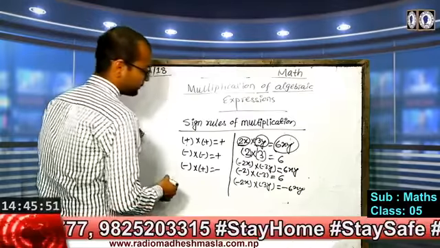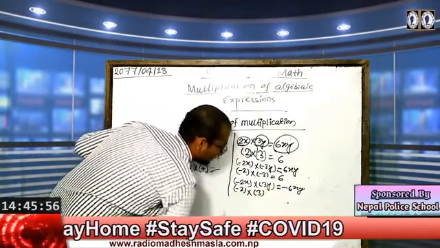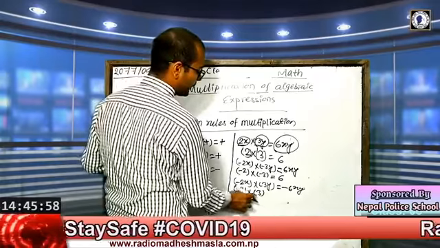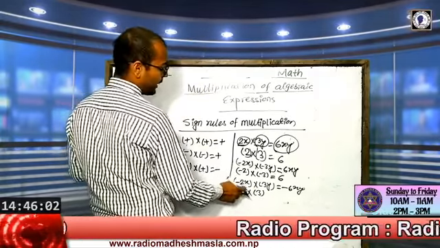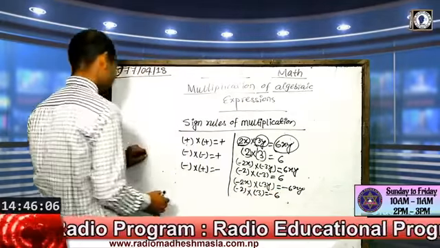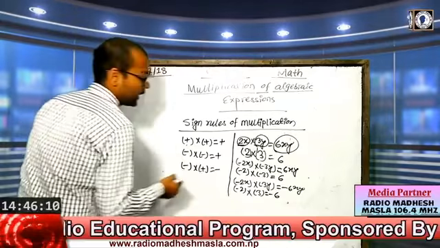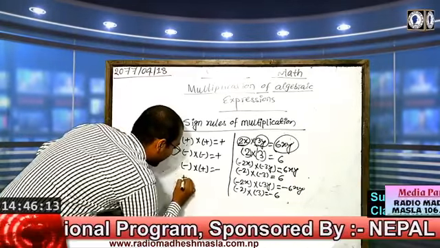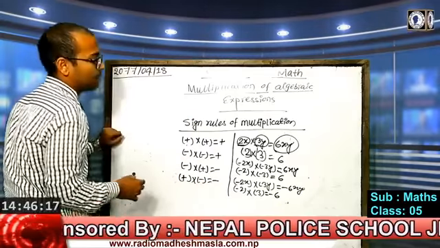In the same way, suppose minus 2 into 3. So between minus 2 and 3 there is a multiplication sign, so we should multiply the numbers. And the same way minus into plus is equal to minus and 6. Okay, don't be confused. The same way here we have plus into minus is equal to also minus.